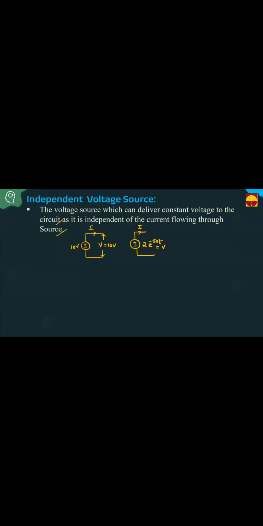Next, you have to see in independent voltage sources, again there are two types of voltage sources: ideal voltage source and practical voltage source. Ideal voltage source: an independent voltage source with zero internal resistance is called an ideal voltage source.